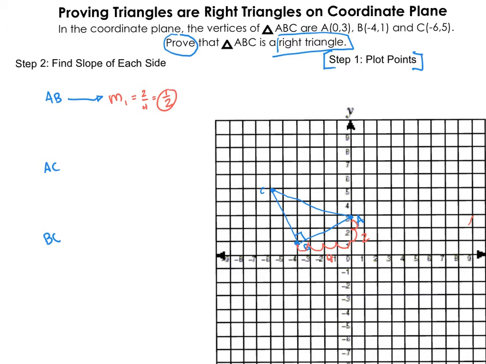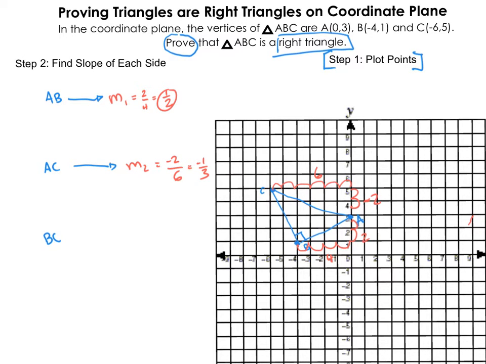Now our second slope is AC, so we're once again going to count left to right: 1, 2, 3, 4, 5, 6 over, 2 down. If I'm counting down, don't forget the negative, very important. So my M2 is going to be -2 over 6, which we can reduce down to -1/3.